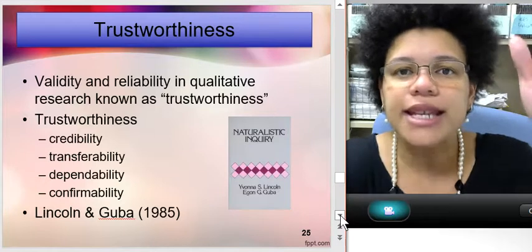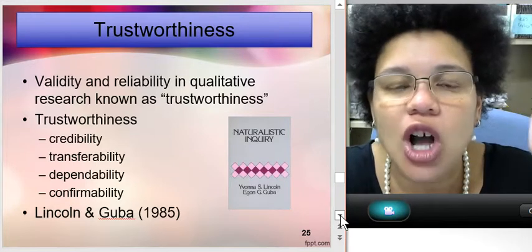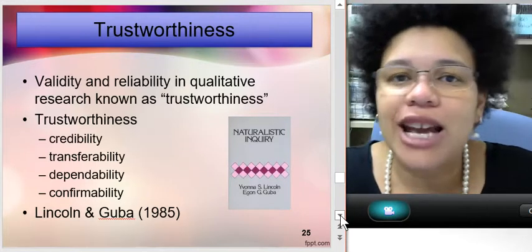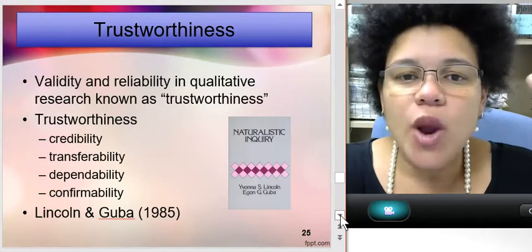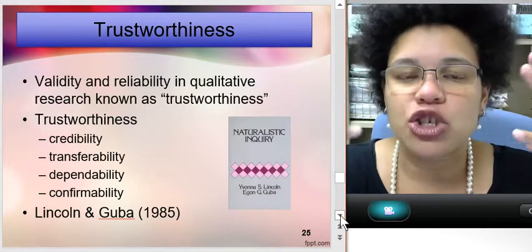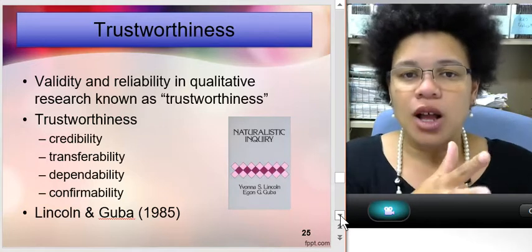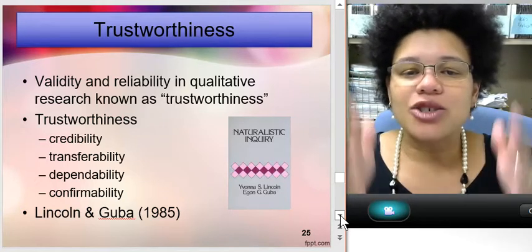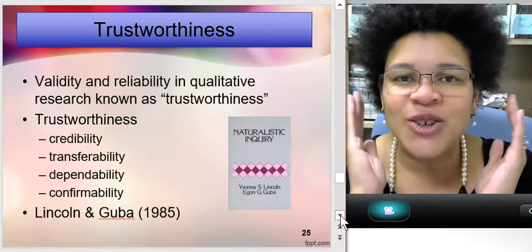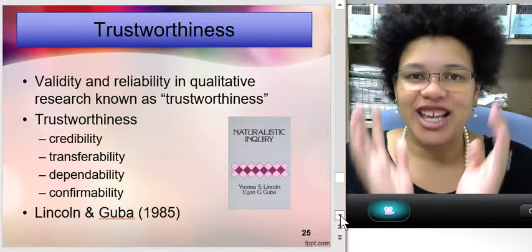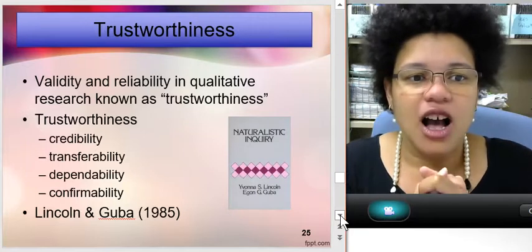Now, in quantitative research, we talked about validity and reliability. With qualitative research, we're talking about trustworthiness, okay, the kind of comparable idea. How trustworthy is this study? How trustworthy is this research project?